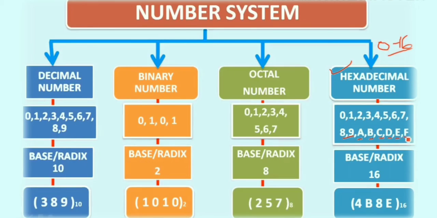So hexa means 6 and decimal means 10, 6 plus 10 is 16. We have 16 digits in the hexadecimal number system. That's why the base or radix is 16.